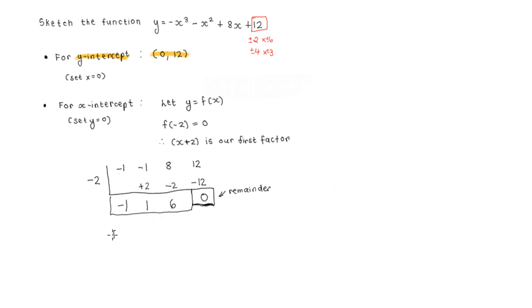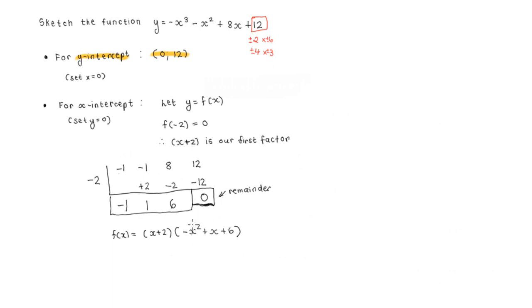So then you are now going to be able to say that f of x is equal to your first factor, which is x plus 2, times the quadratic factor, which is going to be minus x squared plus x plus 6.